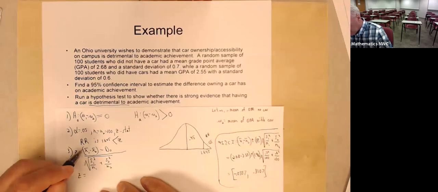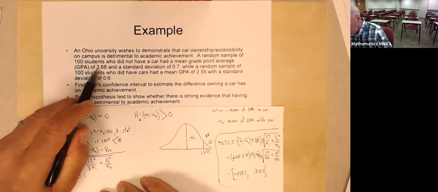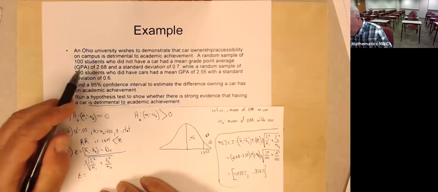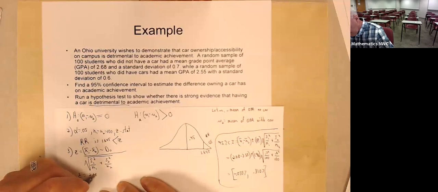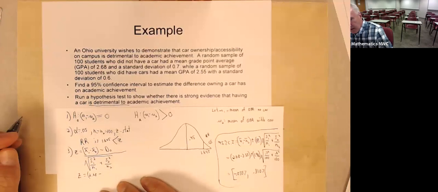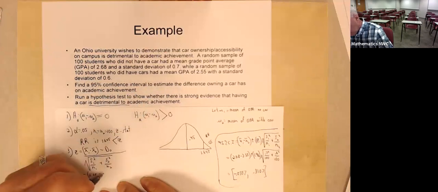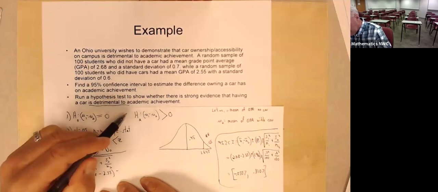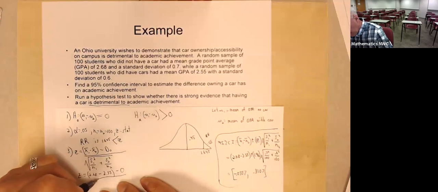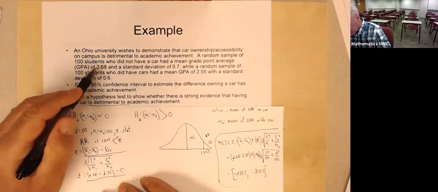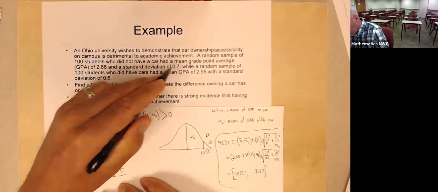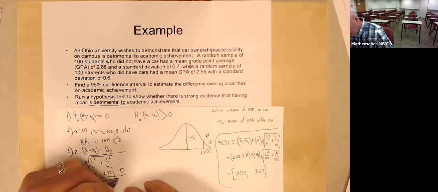So I'm going to substitute in each of those. The GPA of the first one was 2.68 minus the GPA of the second one, which was 2.55, minus the hypothesized difference, which is 0, divided by 0.7 squared over 100 plus 0.6 squared over 100.